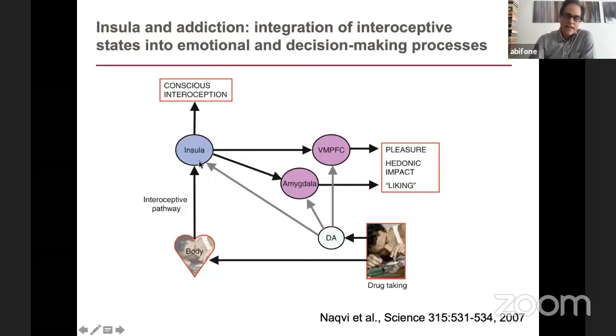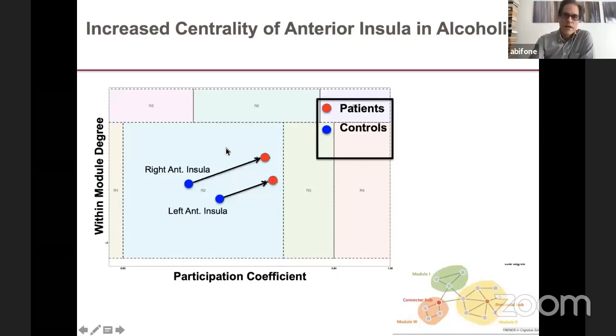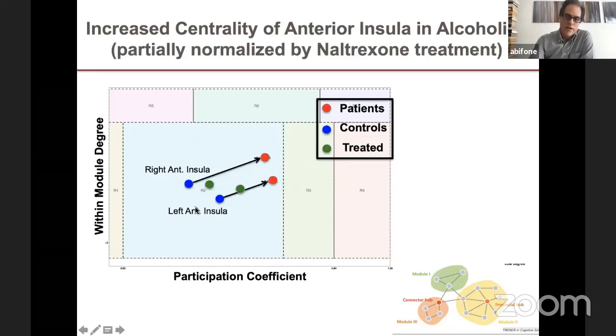So our results were very appealing to them because they indicate that the insula seems to play a much exaggerated role in conveying this information, and it has a much exaggerated integrative role within this network. Interestingly, we observed that the participation coefficient and the role of the anterior insula become closer to that of a connector hub in patients compared to controls. And actually, after treatment, it is almost normalized. It seems to go back to normal.